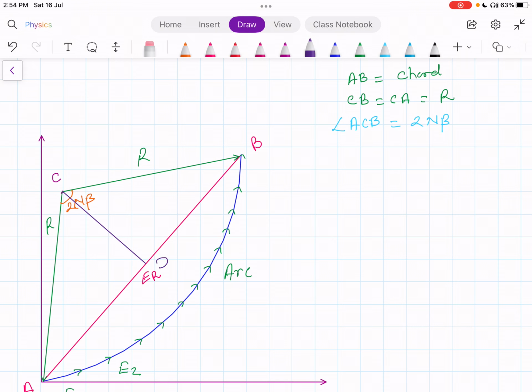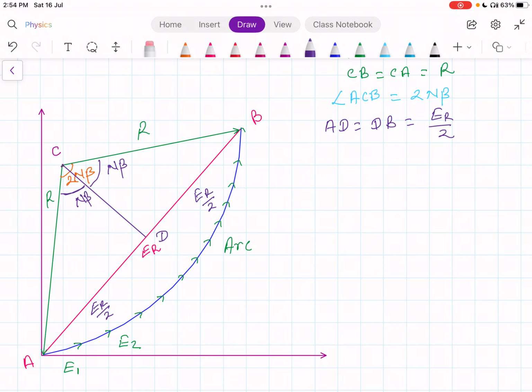Let us say this point is D. So AD is equal to DB is equal to ER by 2. Then this angle over here is n beta, and similarly this angle is also equal to n beta.